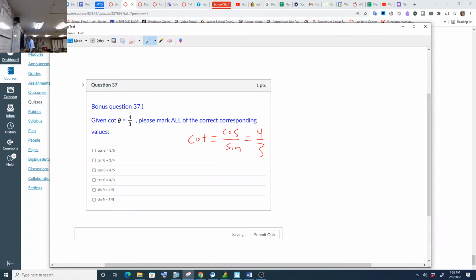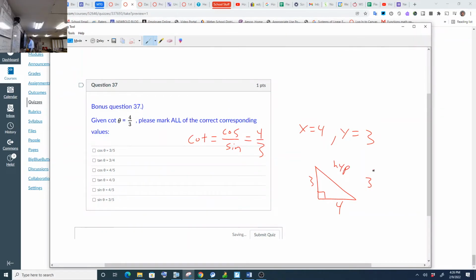So cosine is the x value, and sine is the y value. If I draw a triangle like this, the x value is 4. It'd be more this way. This would be a distance of 4, and this would be a distance of 3. Cool. So that means we can find the hypotenuse.